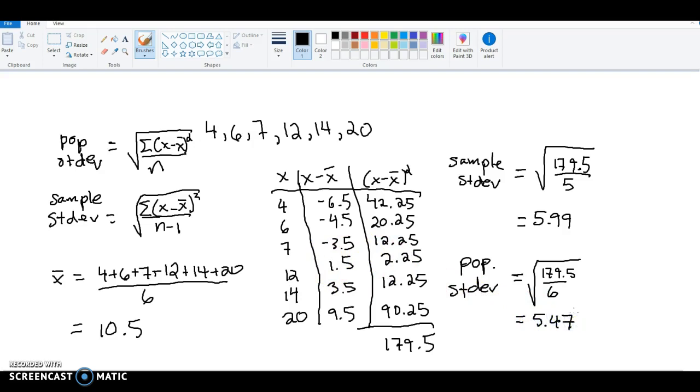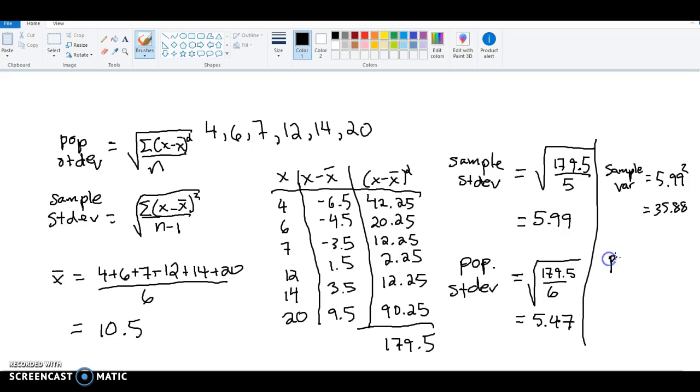Okay, so that's it for computing the sample and population standard deviations. The variance would just be the square of the standard deviations. So if you wanted to find, say, the sample variance, that's just going to be your standard deviation squared, so that would be 5.99 squared, which would be 35.88.